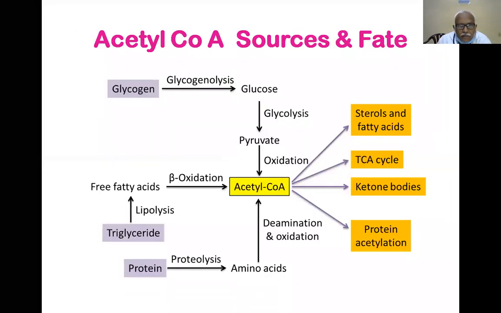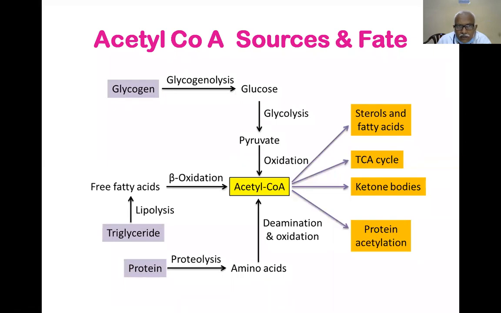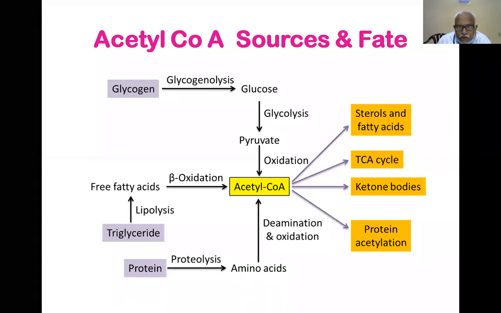Remember, glycogen will be broken down into glucose by glycogenolysis. You know pretty well, one glycogen moiety is composed of about 56,000 units of glucose. It is a homopolysaccharide of glucose units. The excess glucose is packed up into glycogen in the liver and the muscle.